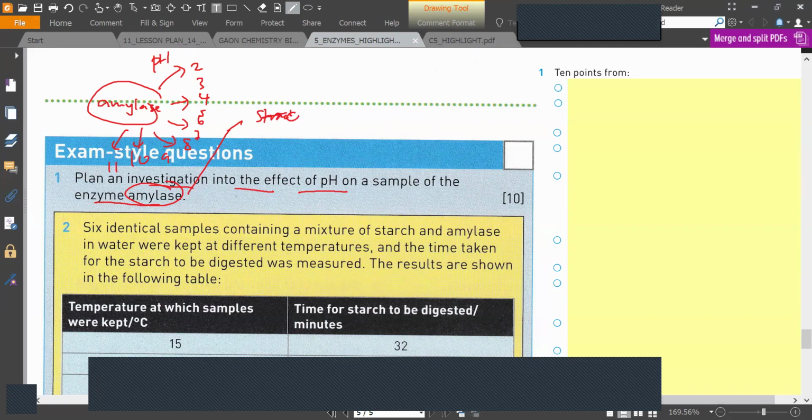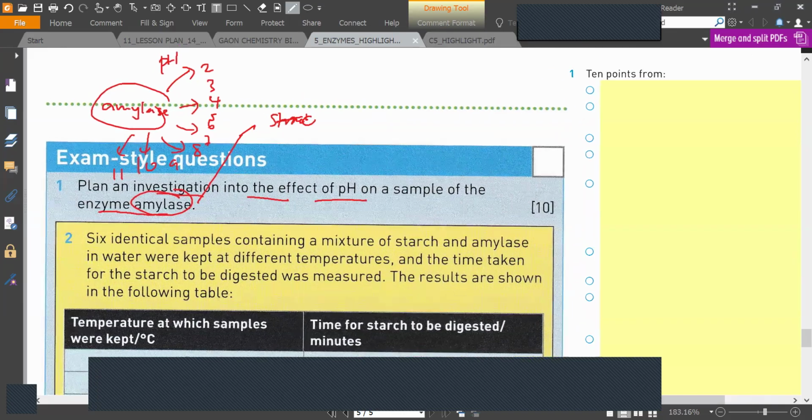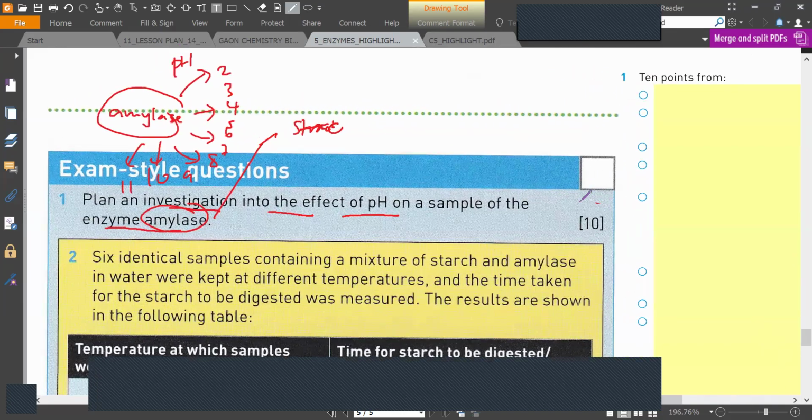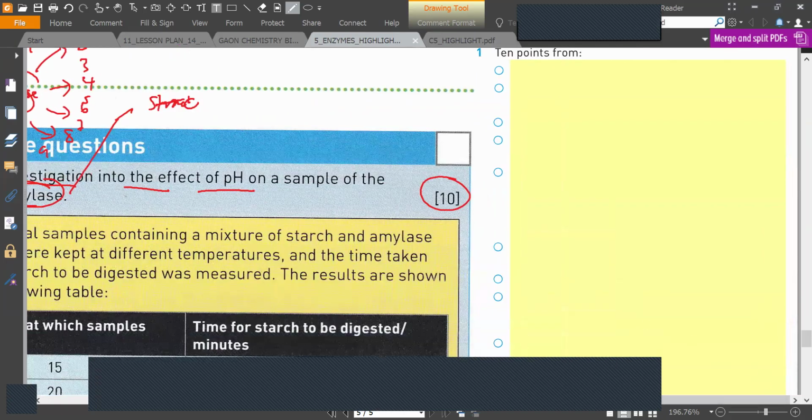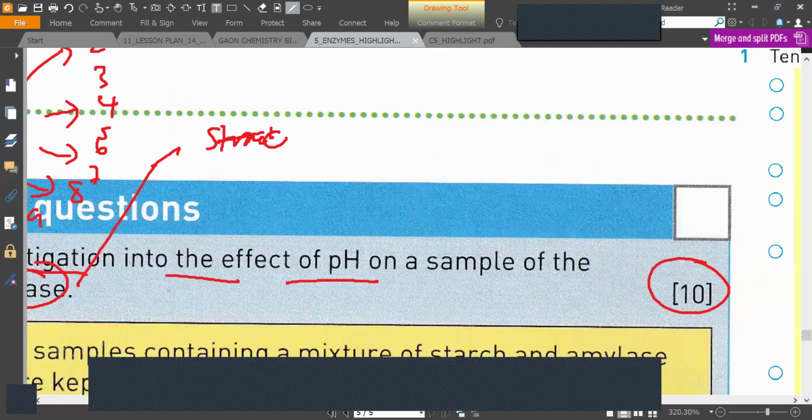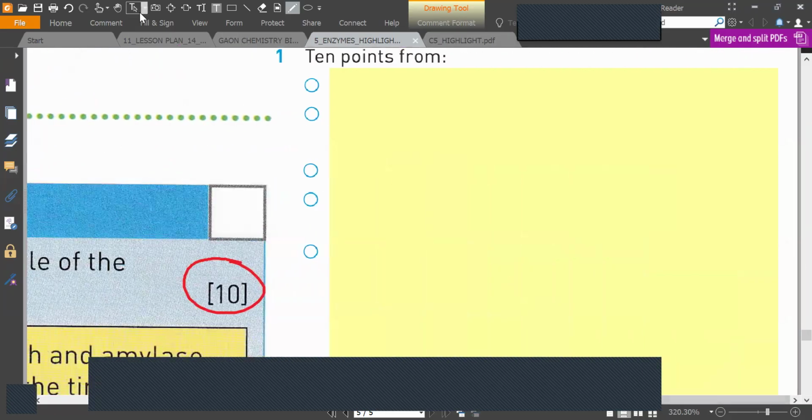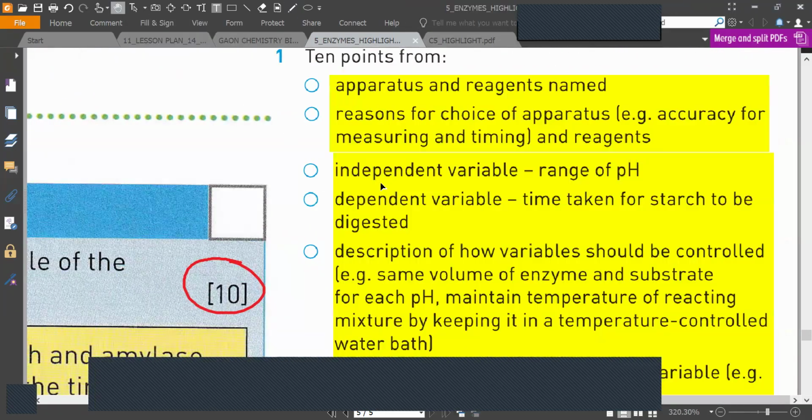So we can look at the detail. It's a 10-point question, so we need to think of all the points that we can include. We can talk about the apparatus and reagents, like test tubes. Independent variable is what we are changing, the range of pH.